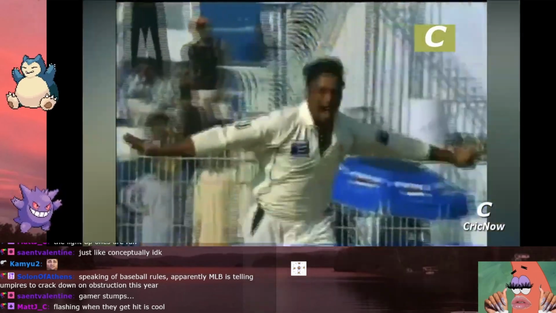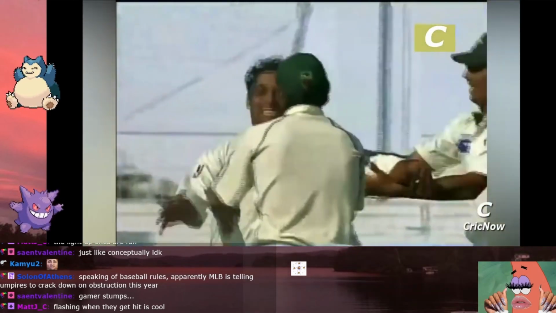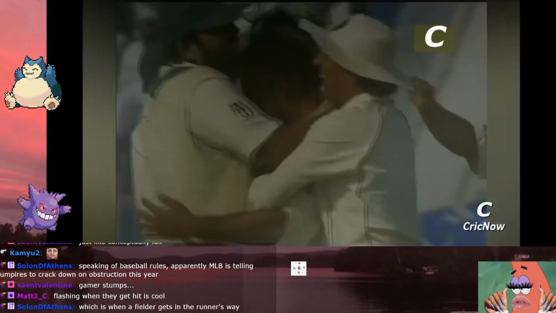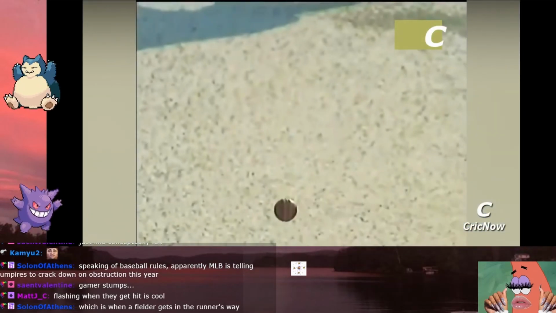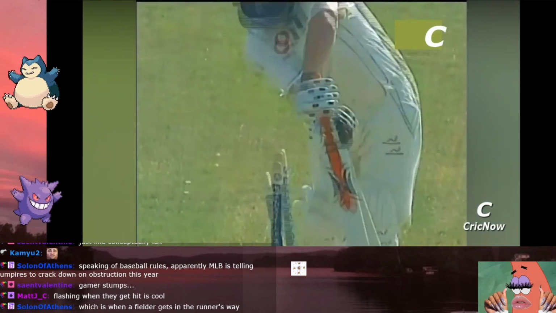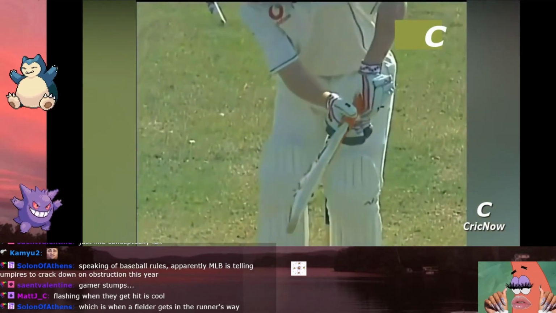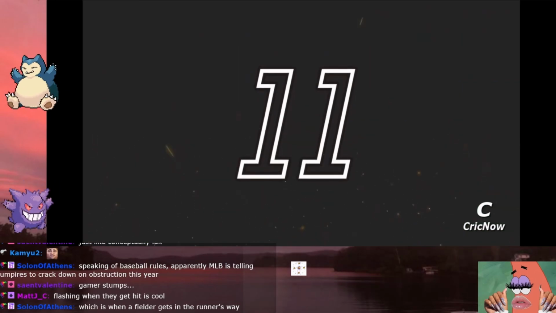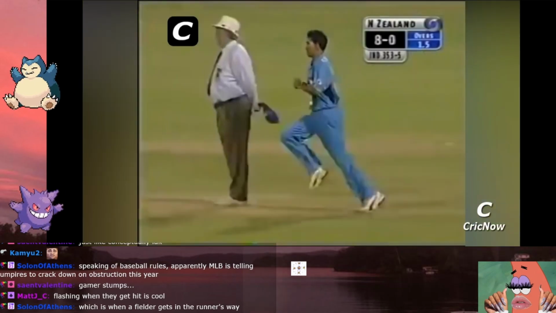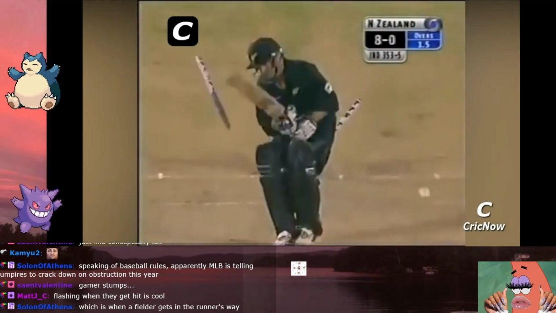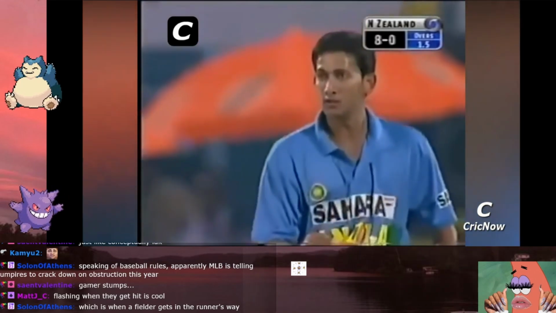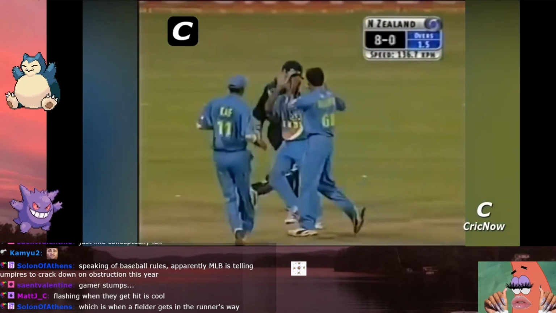Look at that wicket fly away. Love it. Woo! He got his stump smashed, mate.